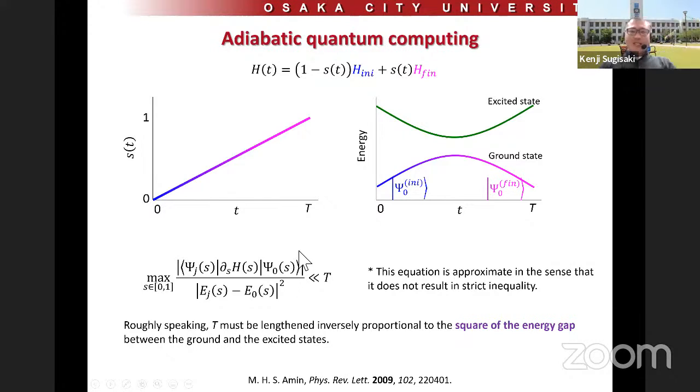Let us think about expanding psi-zero at s equal 0.5 as a linear combination of the eigenfunctions at s equal 0.49.